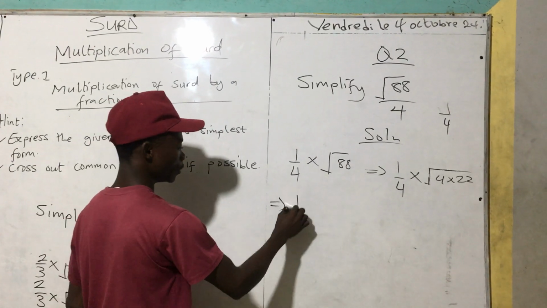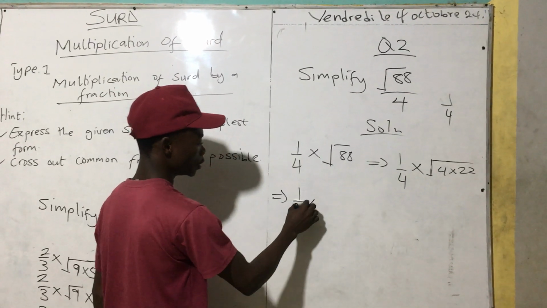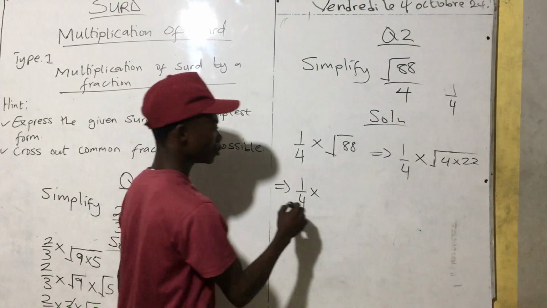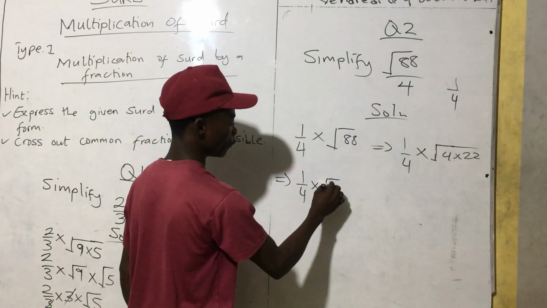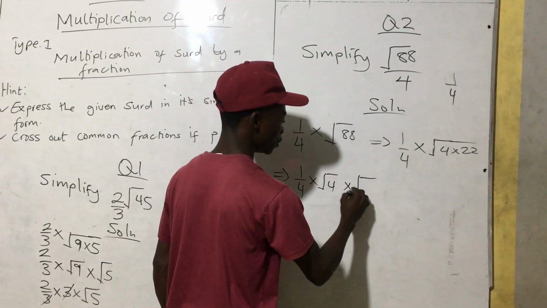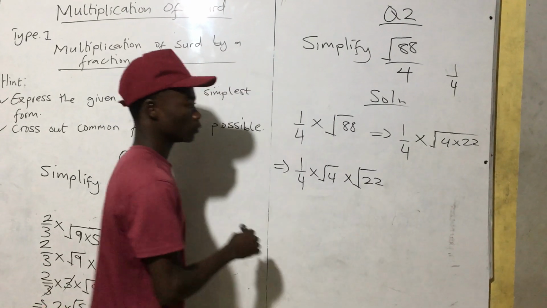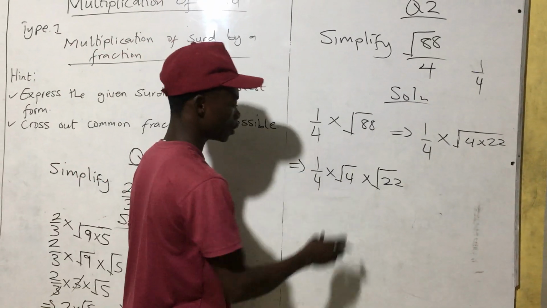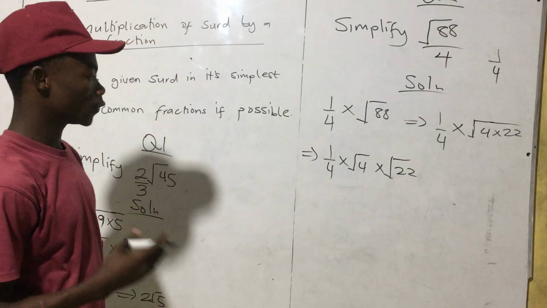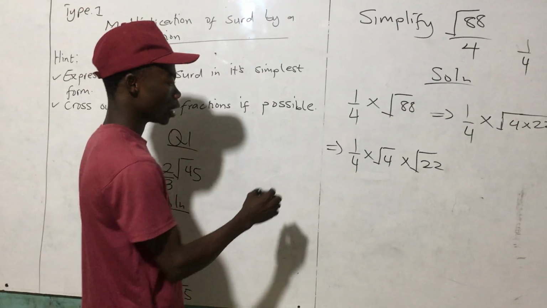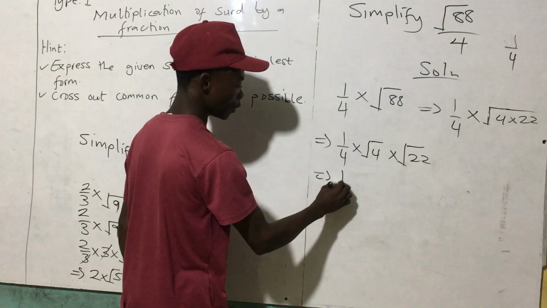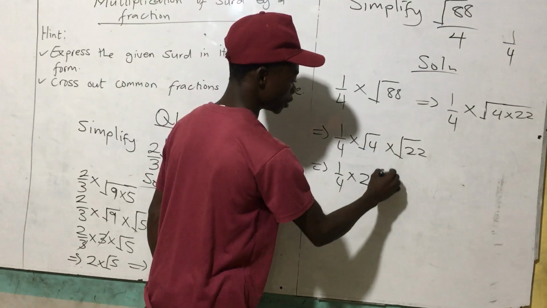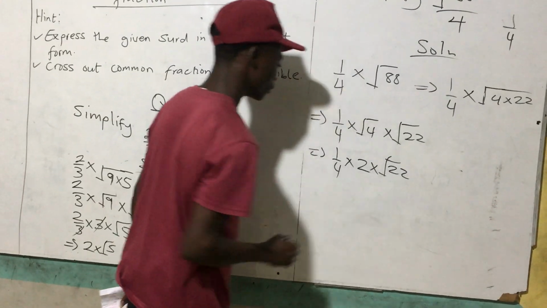Now, we move ahead, we have 1/4 times, we split our square root sign here, so we have root of 4 times root 22. Now, root 4 is a perfect square, and root 4 is 2. Root 4 is 2, so we have 1/4 times 2 times root of 22.